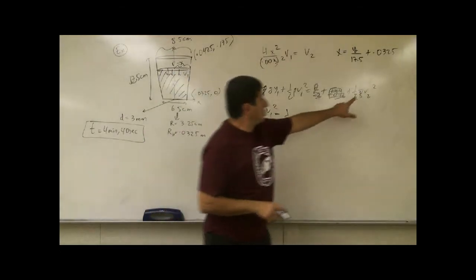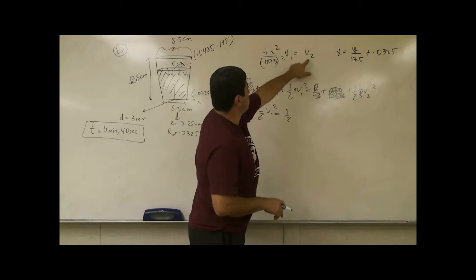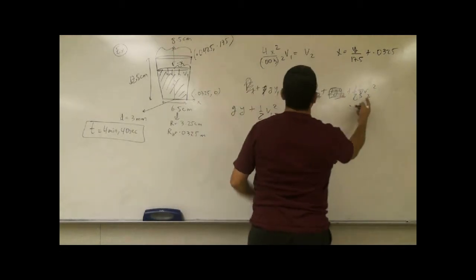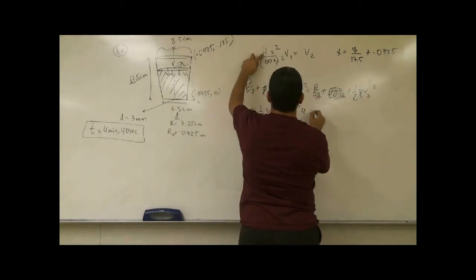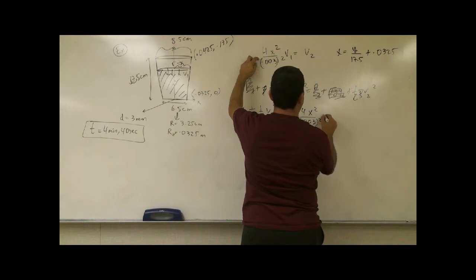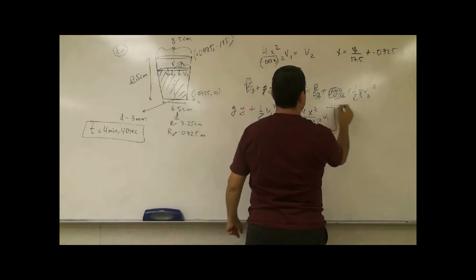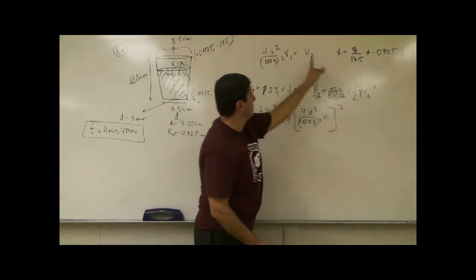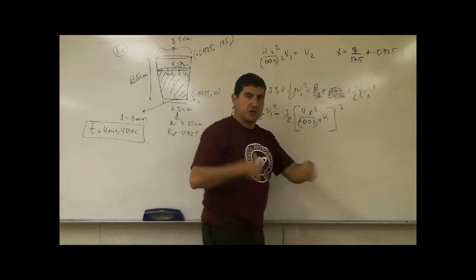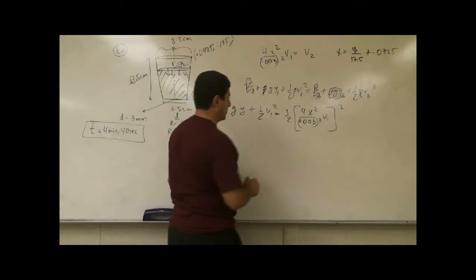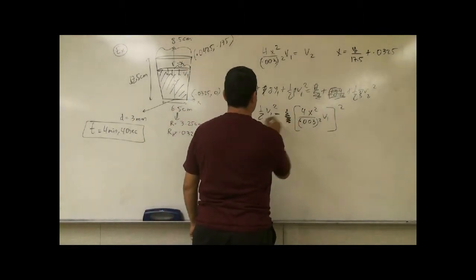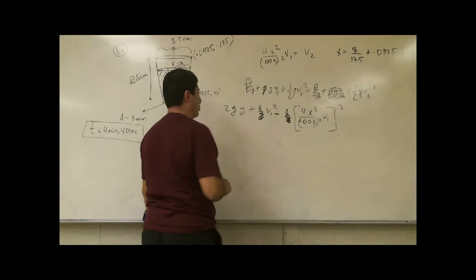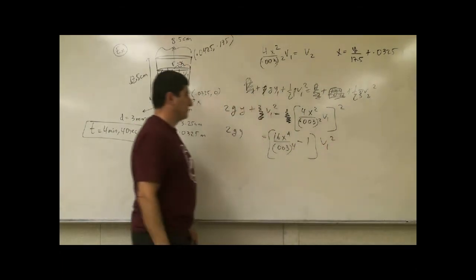So wherever there's v2, I'm going to substitute this equation. v2 is going to be 4x squared over 0.003 squared times v1, quantity squared. Okay? So I have to take v2, but then I have to square it again. So there's a bunch of squares going on over here, right? Well, we can multiply everything by 2, put the 2 over here, squared, right?